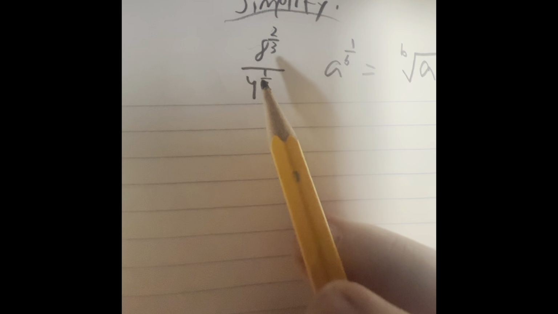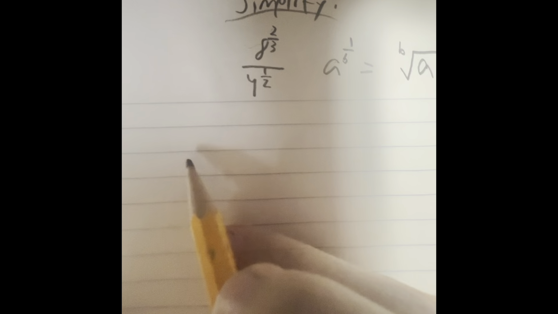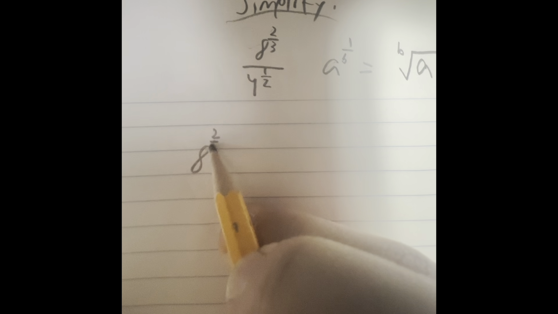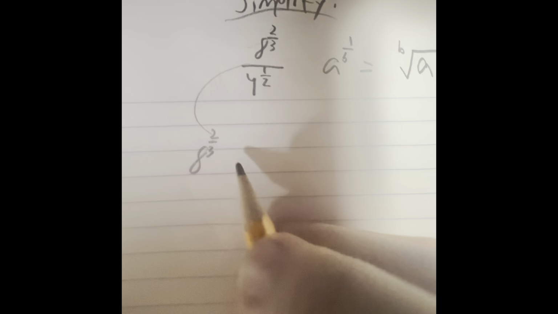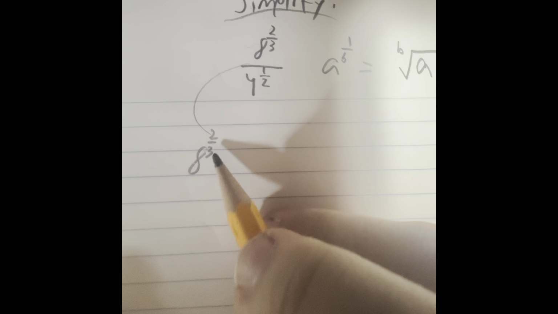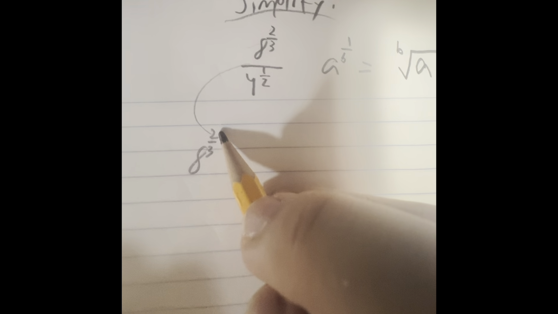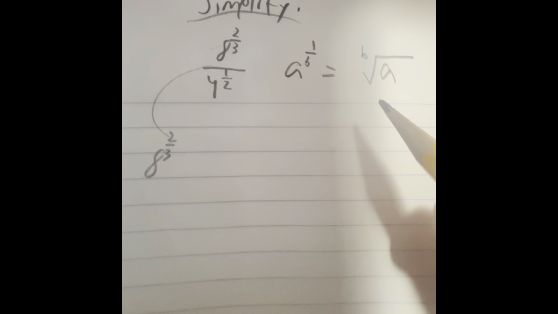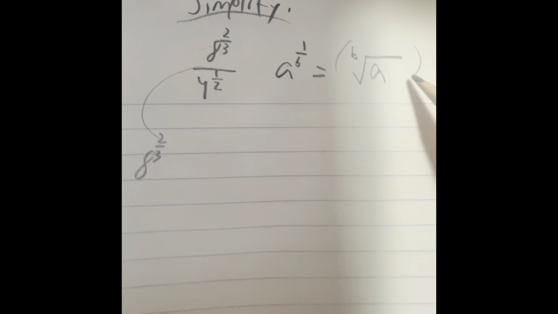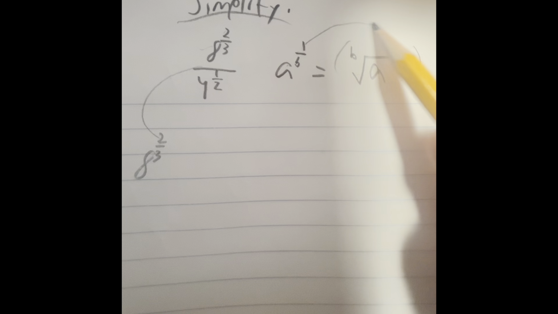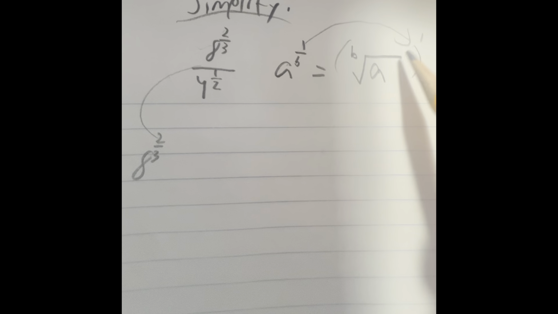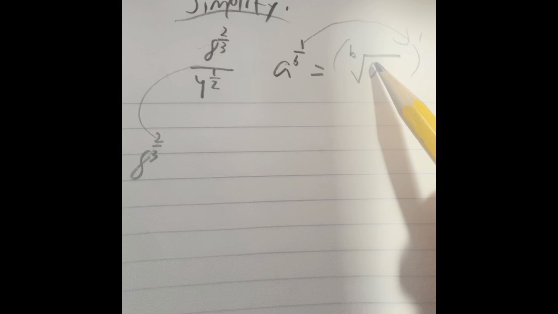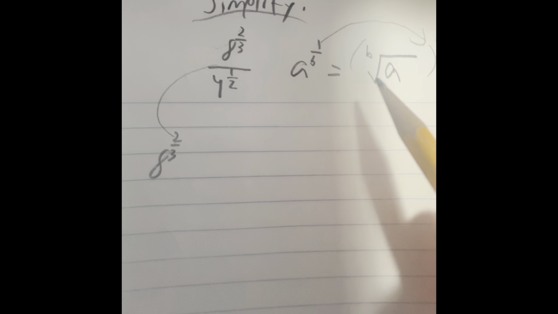So here, let's start with 8 to the 2 over 3. When we have a numerator, what we do is we just take the numerator and put that as an exponent on the total term.